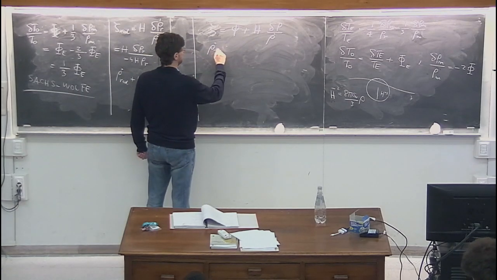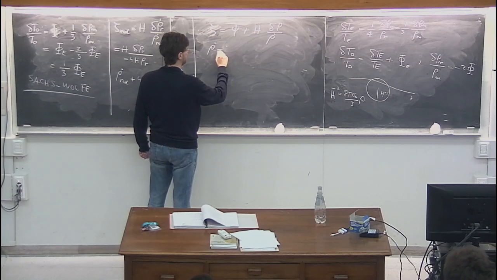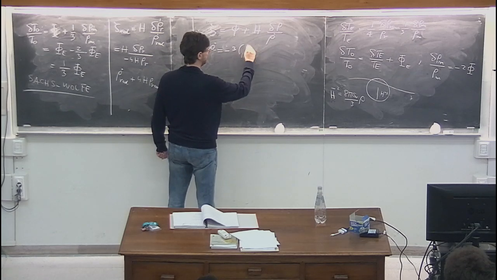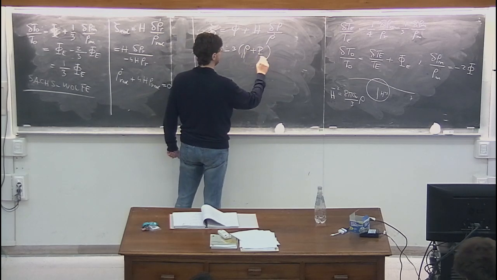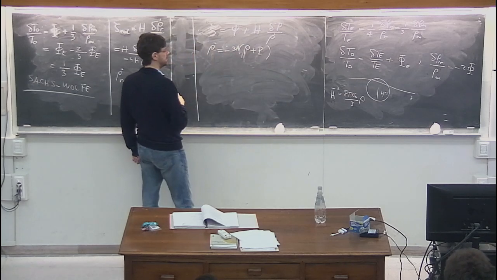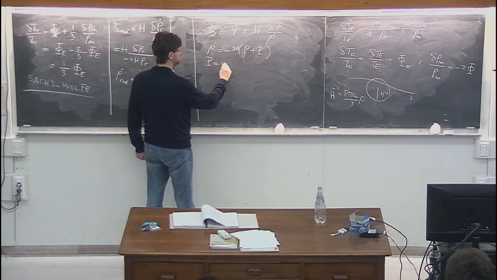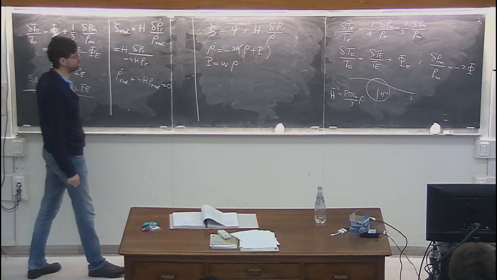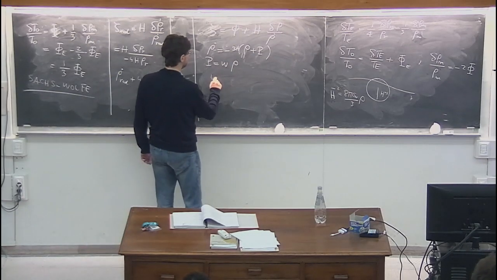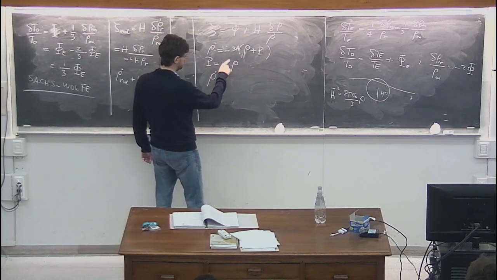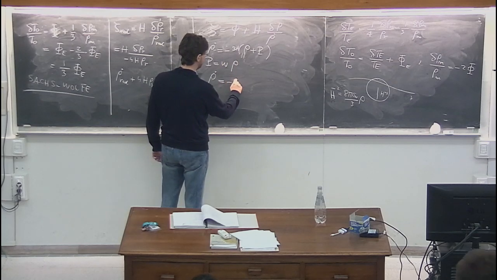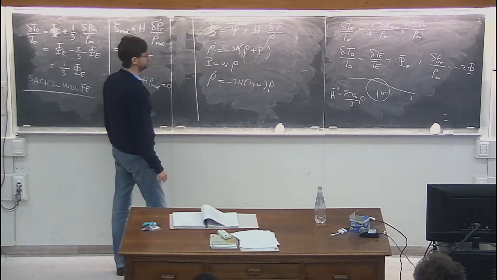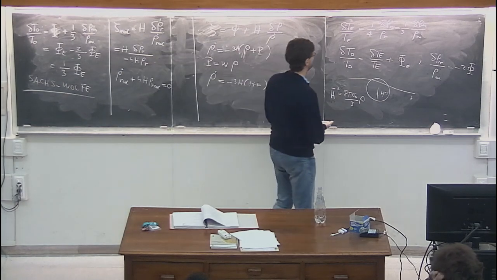So we know that rho dot is equal to minus 3 (rho plus p) times H. Now let's say that the pressure is equal to W times rho, where W is a constant. It can be 0 for matter or 1/3 for radiation. So I know that rho dot is equal to minus 3H, 1 plus W times rho. Okay, so I plug this information into the definition of zeta.